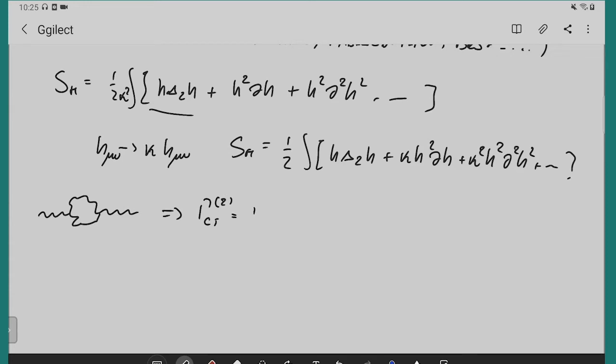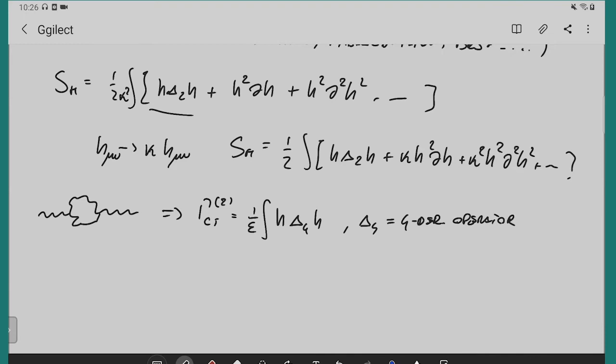And this counterterm will be of this form in dimensional regularization, where you have this delta 4 that is now a 4 derivative operator. So you already see that you generate something that is not in the action because in the classical action there are no 4 derivatives.